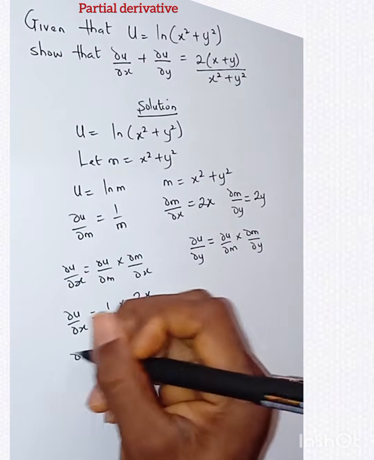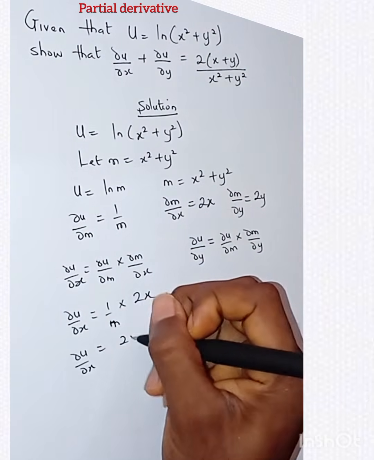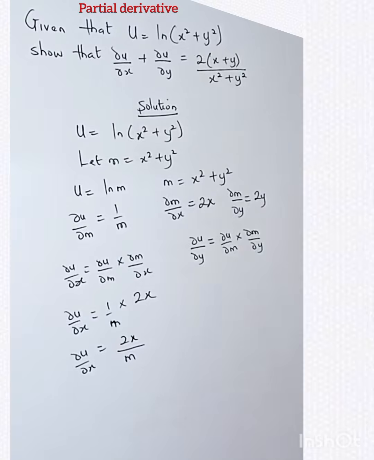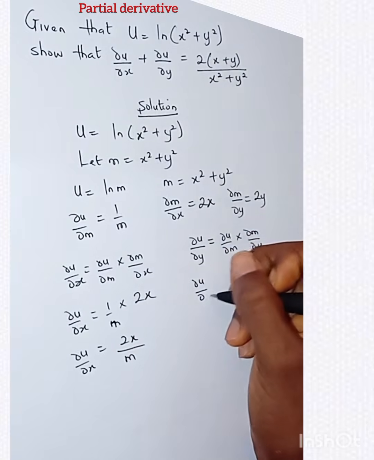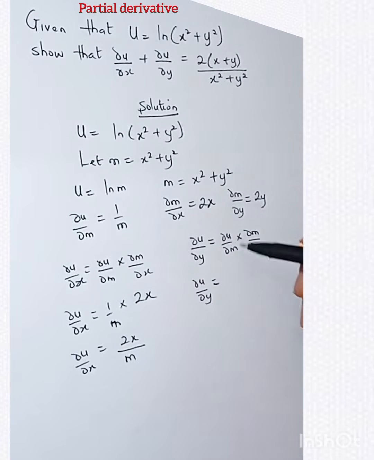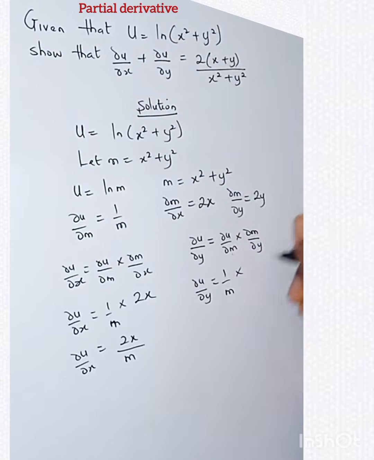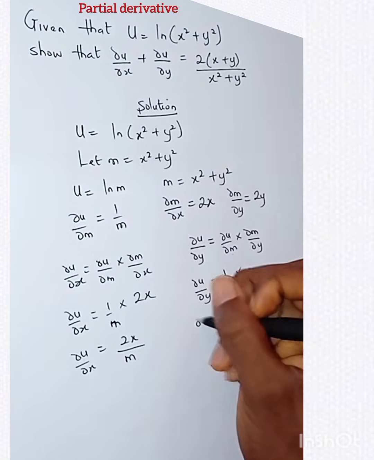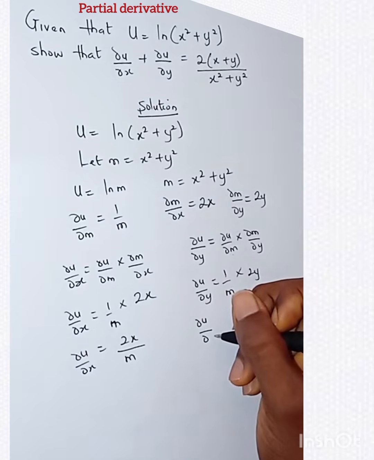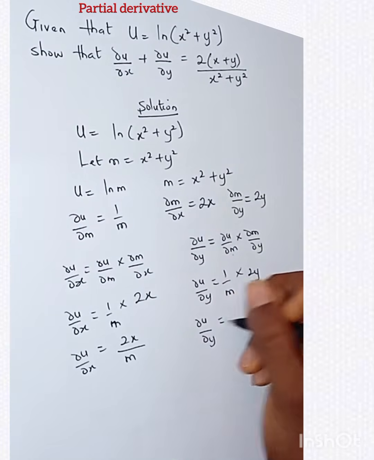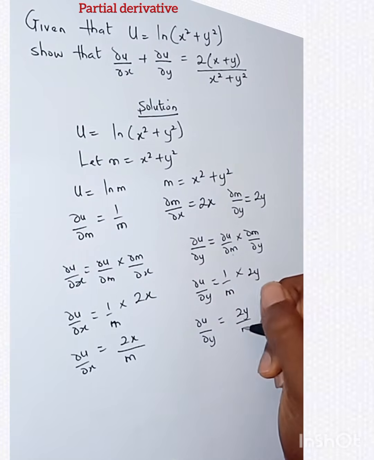Then this becomes that ∂u/∂x is 2x over m. Then ∂u/∂y becomes ∂u/∂m, which is 1 over m, times ∂m/∂y, which is 2y. This becomes that ∂u/∂y is 2y over m.